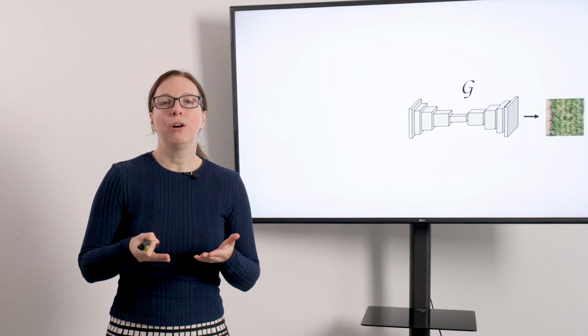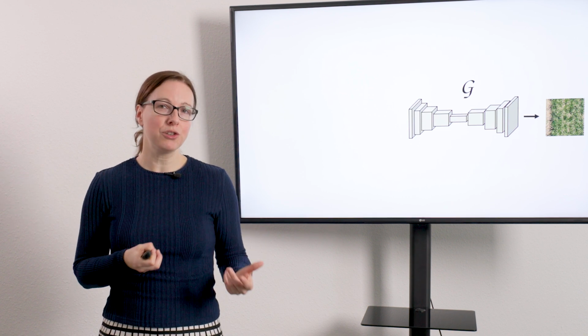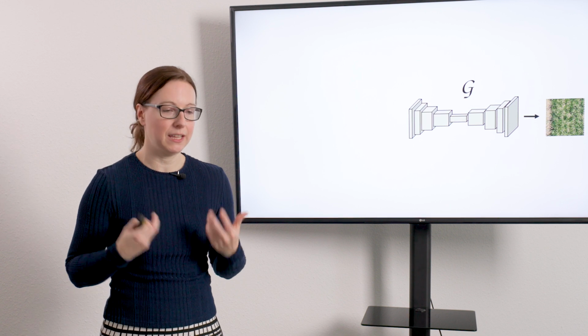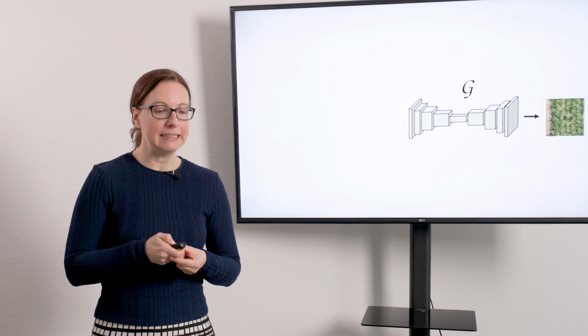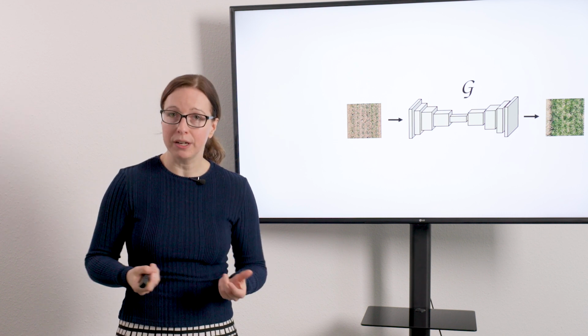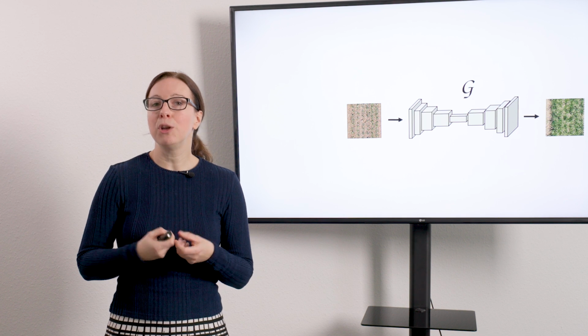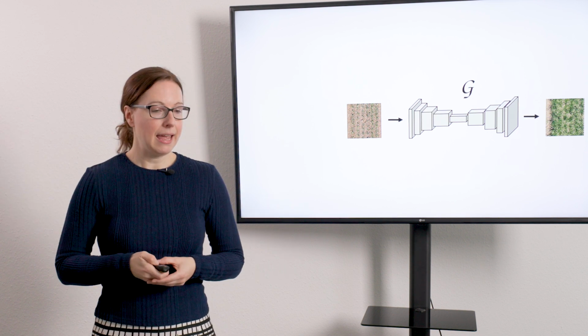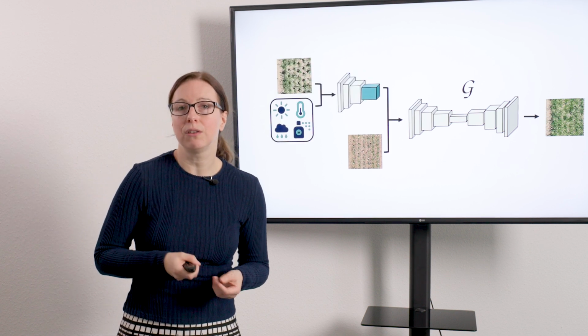But there's one crucial thing which is important for our application. We do not only want to generate an arbitrary nice-looking image, we want to condition on specific factors. One important thing is we want to condition on the appearance of an additional input image, which is from an earlier point in time. And the second important thing is we want to condition on so-called factors of variation.